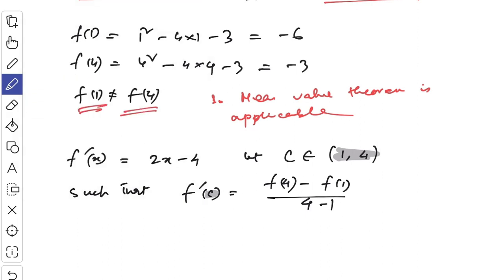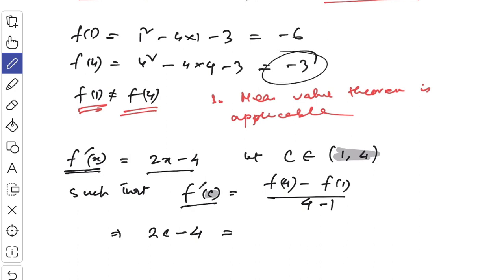So let us find that. f dash of c must be twice c minus 4, and on the other hand f of 4 is minus 3, and f of 1 is minus 6, so it will be minus minus plus.